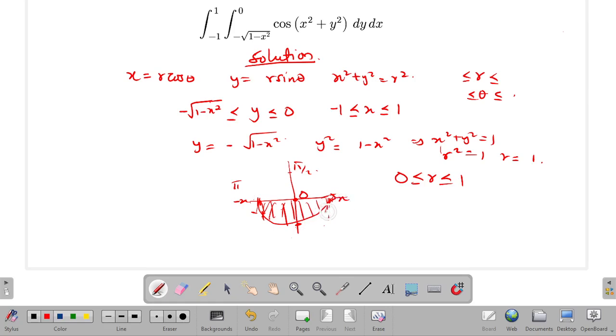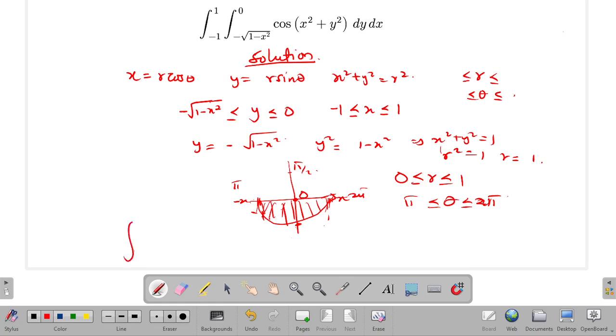So here we simply choose from pi to 2 pi. So theta is greater than or equal to pi and less than or equal to 2 pi. And once this is done, we are good.